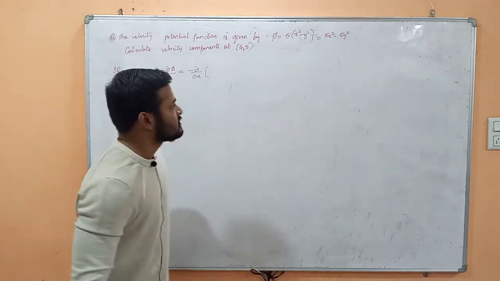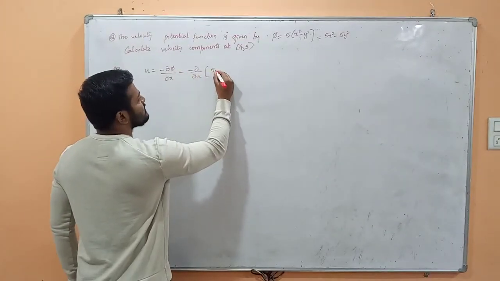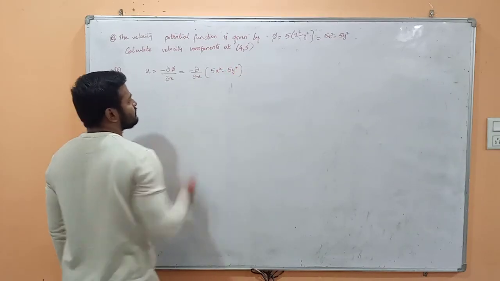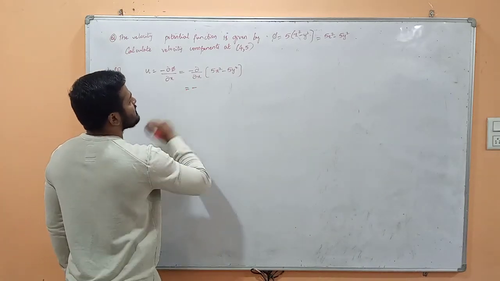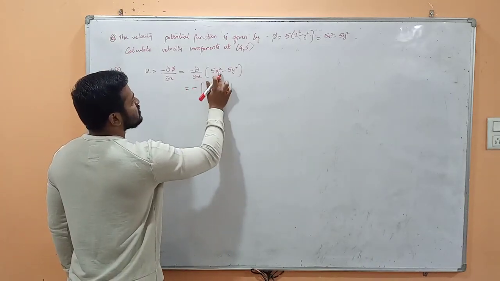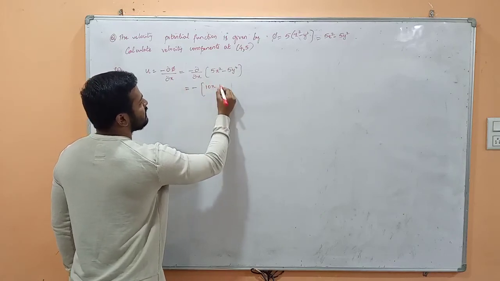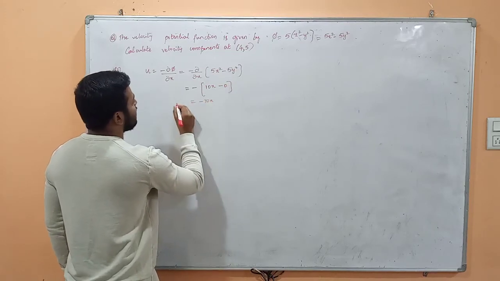So minus is common. ∂/∂x of this term becomes 10x, and this term becomes 0. So you will get minus 10x.